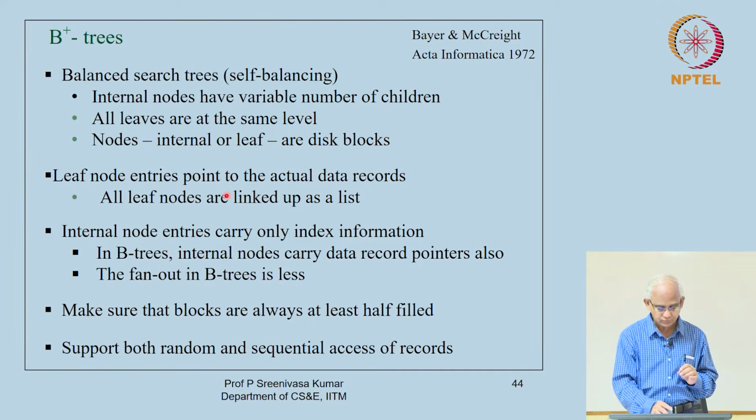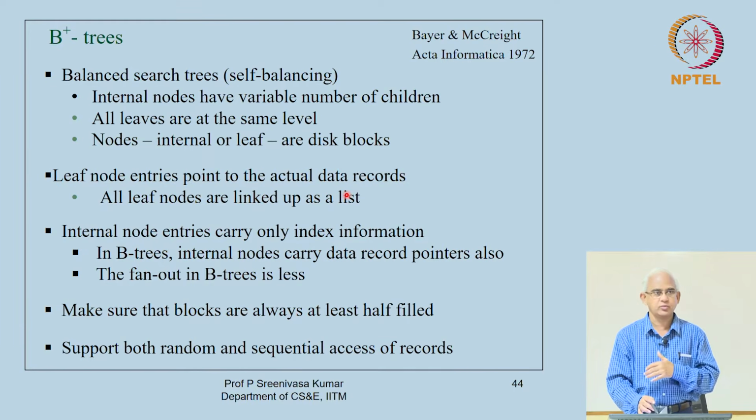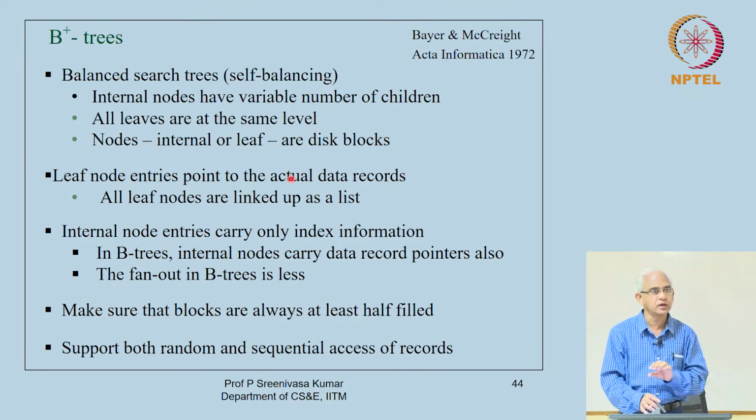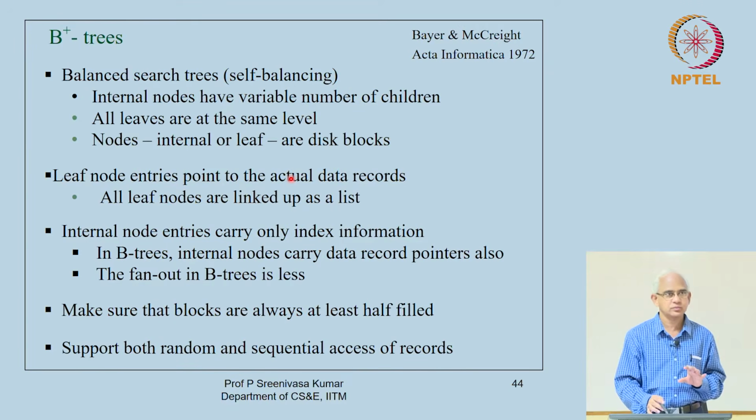We will put the data records in a bunch of blocks and then keep the pointers to these data records in this tree structure. Now, all the data record pointers are going to be available only in the leaf nodes. I will tell you the advantage of this decision a little later, after explaining B plus trees in full.